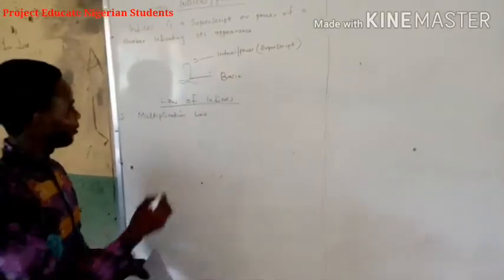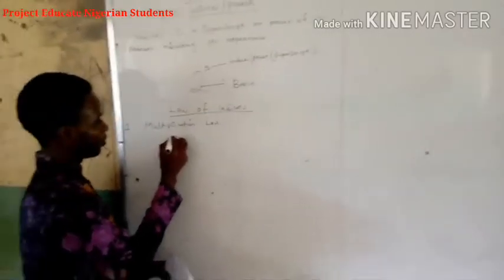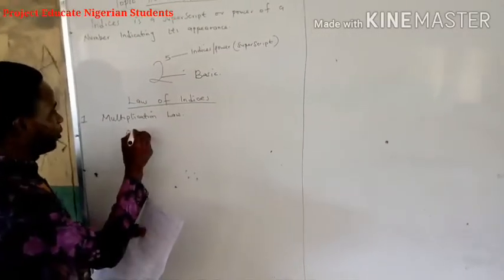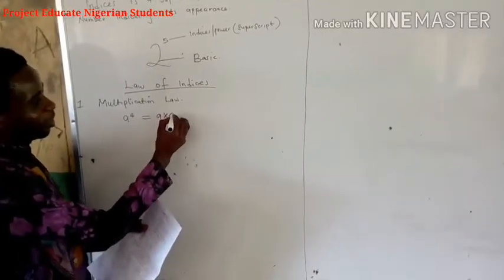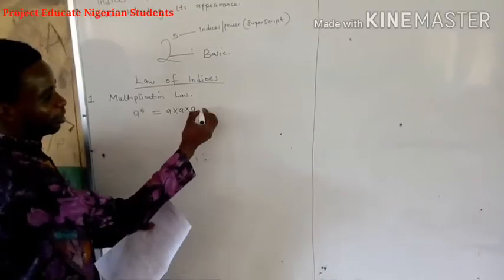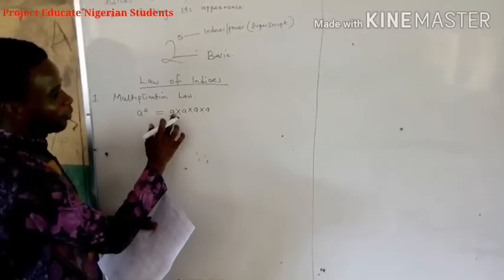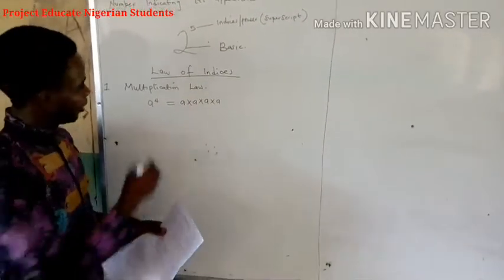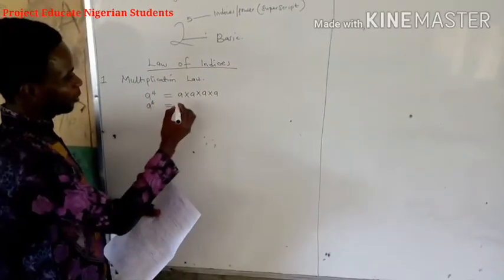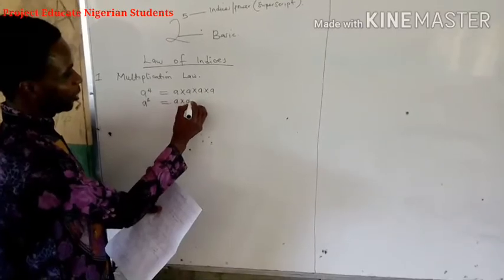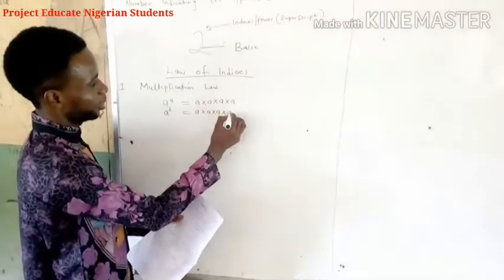Now let's assume we have a raised to the power 4, and this a raised to the power 4 means a times a times a times a in 4 places: 1, 2, 3, 4. And let's say we have a raised to the power 6. This a raised to the power 6 means a times a times a times a times a times a.